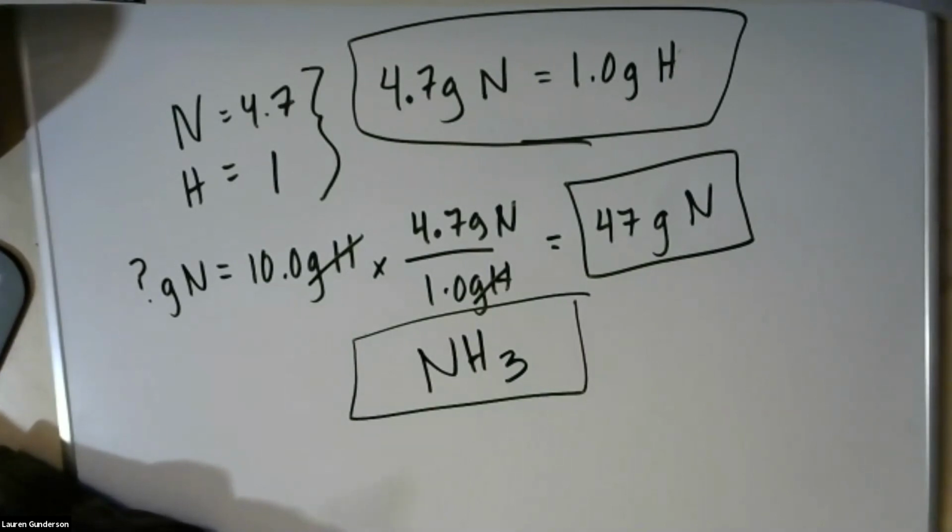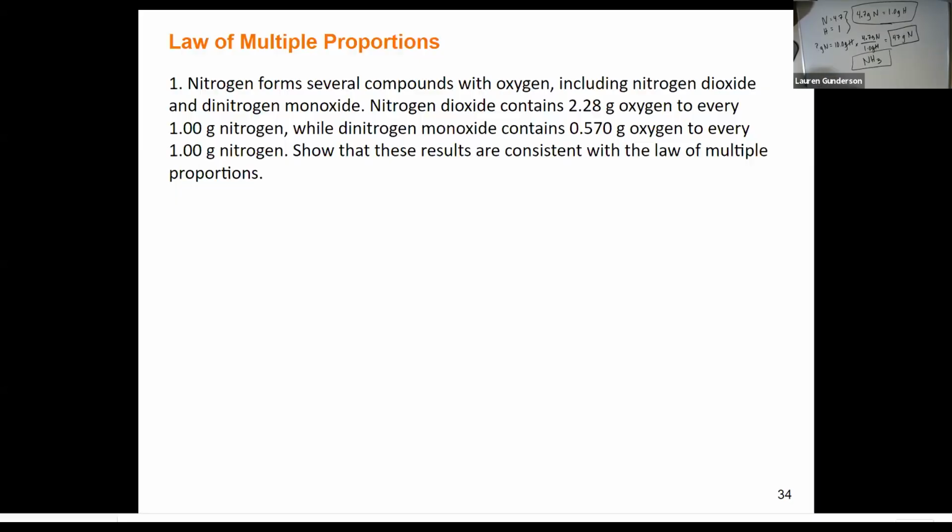Now let's take a look at how we would use some of this information to figure out whether samples are consistent with the law of multiple proportions instead of the law of definite proportions. So here they're telling us that nitrogen forms several compounds with oxygen, including nitrogen dioxide, which means 1 nitrogen and 2 oxygens, and dinitrogen monoxide, which is 2 nitrogens and 1 oxygen.